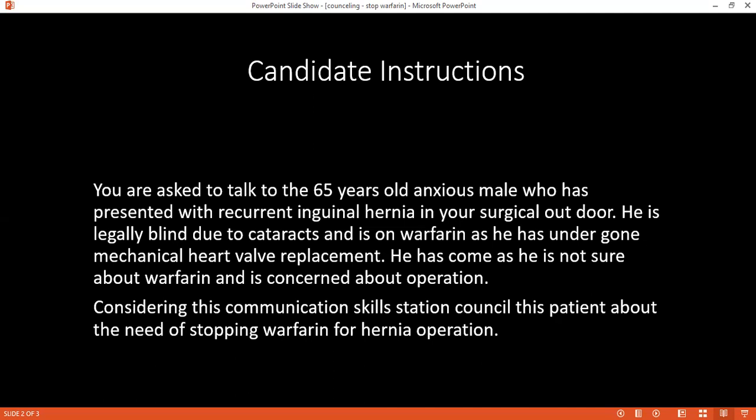So we will just stop it 12 hours before you go for the surgery. That's why we need to stop warfarin, because it has a long duration of action. We have to stop it 5 days before. This is the difference. Am I making myself clear?